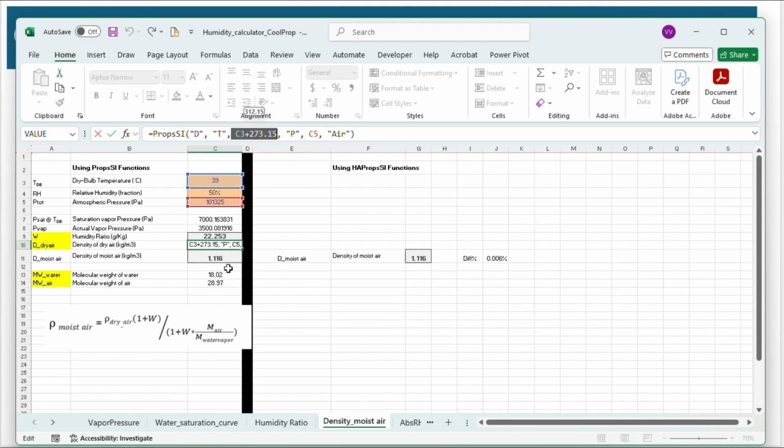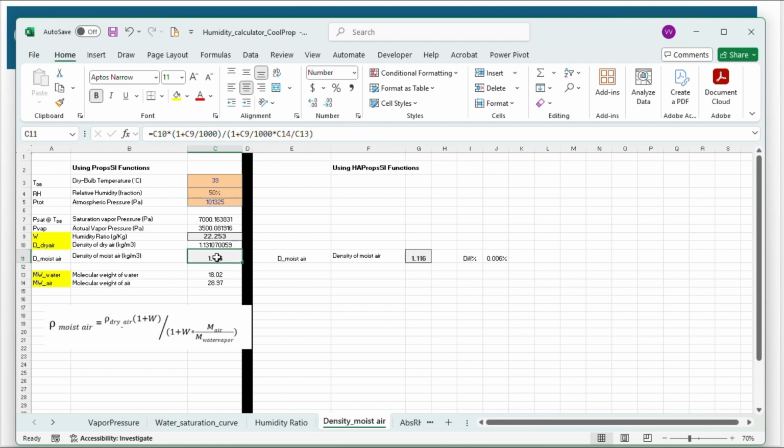It uses Kelvin, so for the 39 degrees C you can add 273.15 inside the formula, and that way you're using kelvins inside the formula. Now, for the density of moisture, use this equation using W, the density of dry air, and the molecular weights of air and water vapor, and you'll get this particular value.